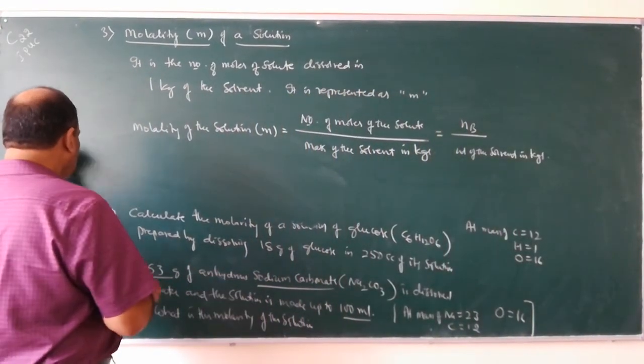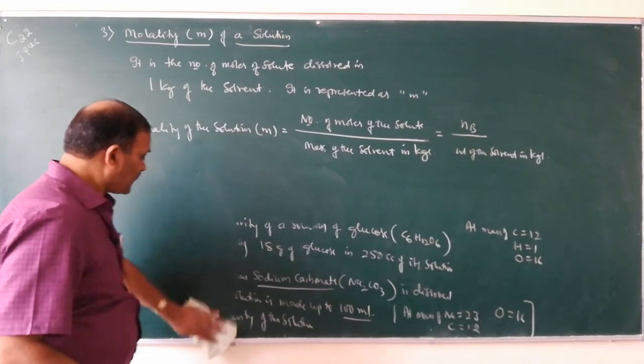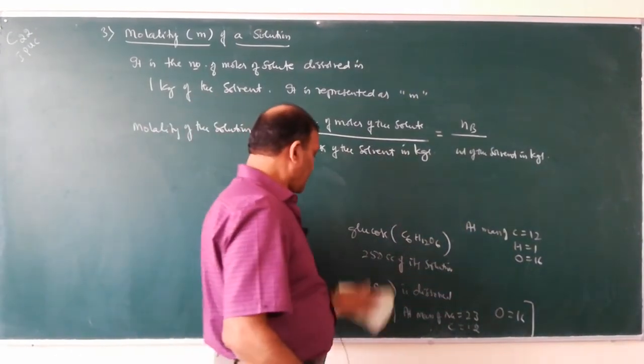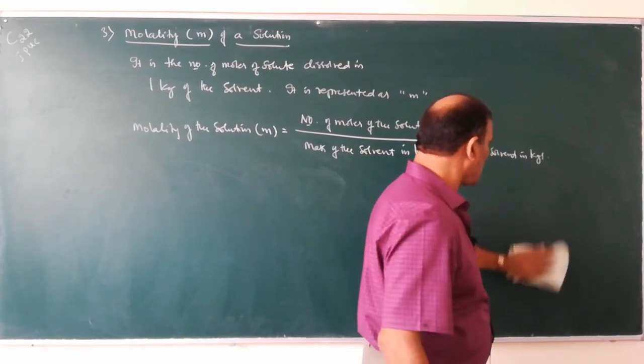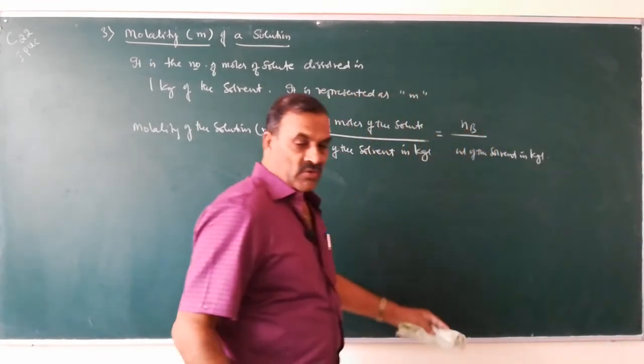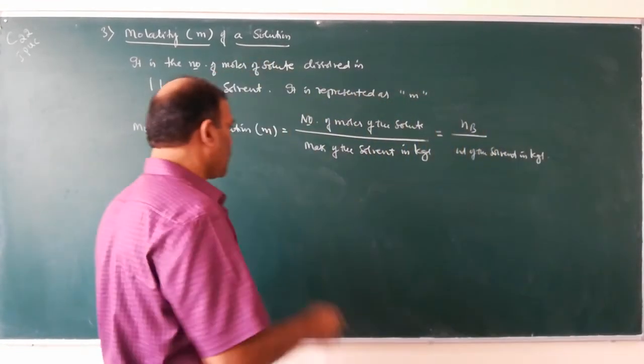Usually the weight of the solvent is given in grams. To convert grams into kgs, we have to divide by 1000.